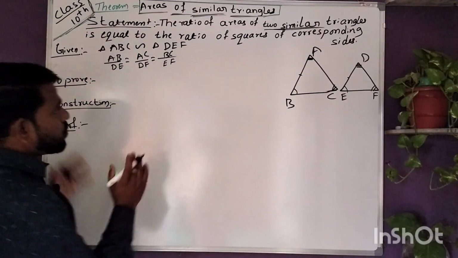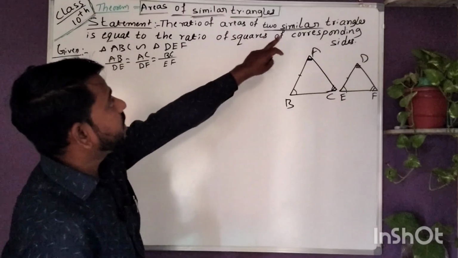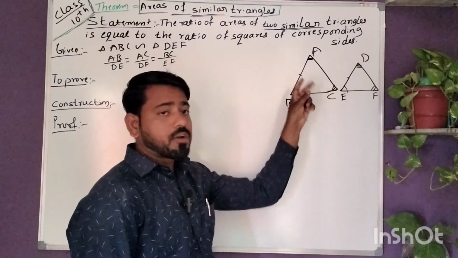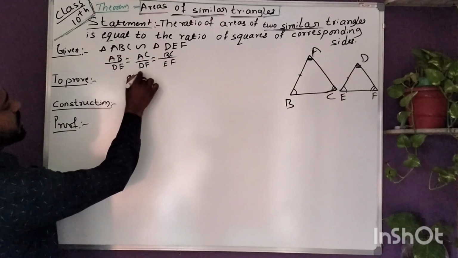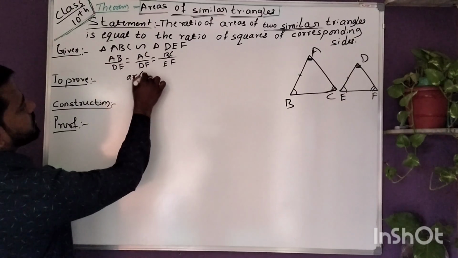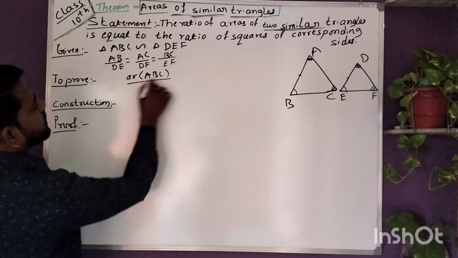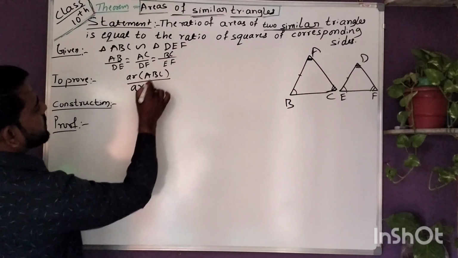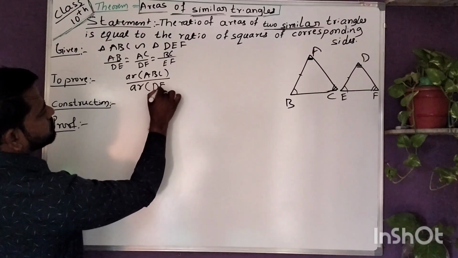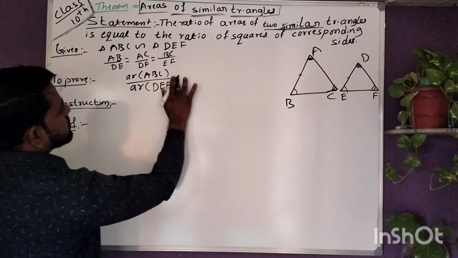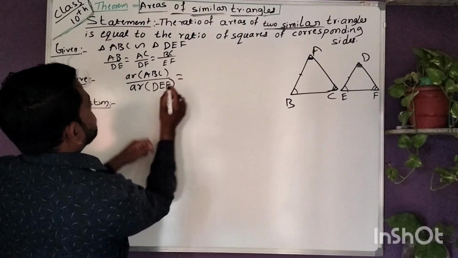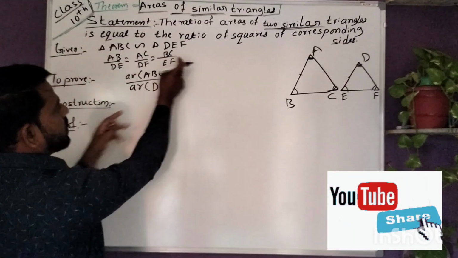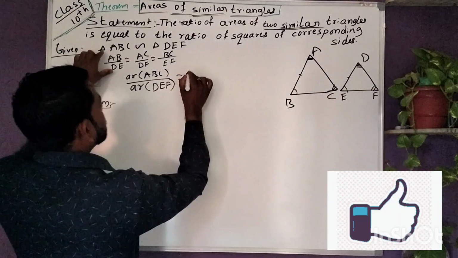Now what do we want to prove? The ratio of areas of these two triangles, area of triangle ABC and area of triangle DEF, is equal to the square of the ratio of corresponding sides.